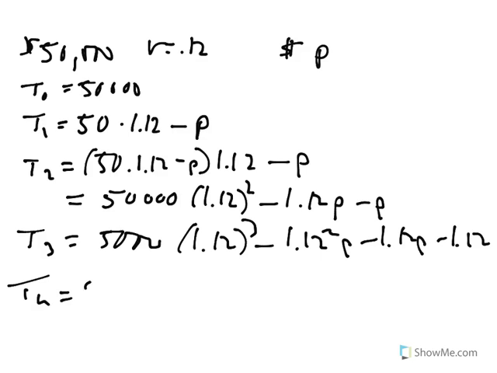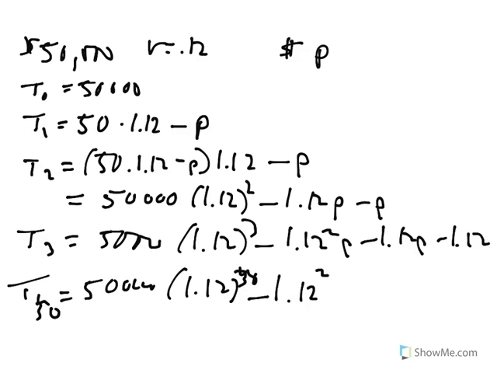And in general, it becomes 50,000 times 1.12 to the nth power, or let's just say after 30 years, it would be to the 30th power, minus 1.12 to the 29th p, minus 1.12 to the 28th p, going down to minus 1.12p.